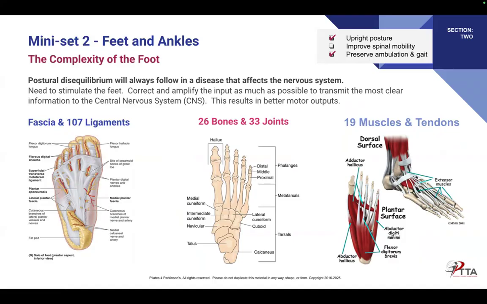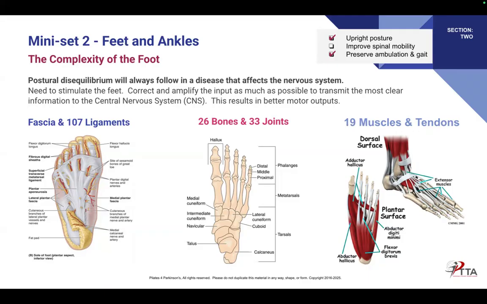Now, a postural disequilibrium, so anything where you're off posture, is always going to follow in a disease that affects the nervous system. So any kind of nervous system condition will always deteriorate posture. So we try to focus on the areas that maybe don't necessarily involve the nervous system, or can get some sort of stimulation without hacking the nervous system a little bit.